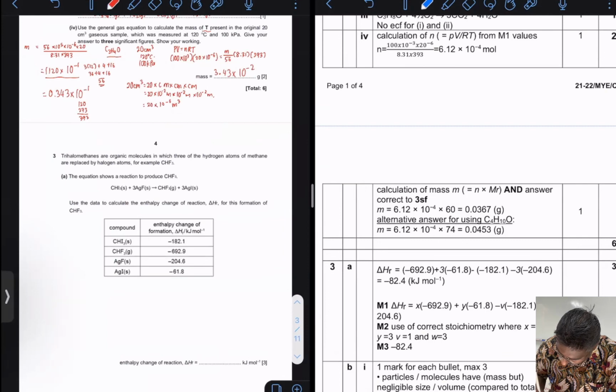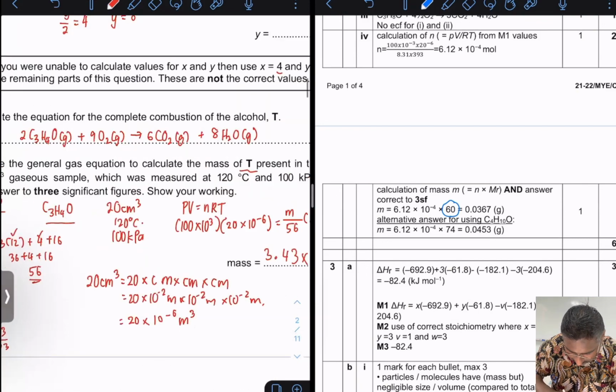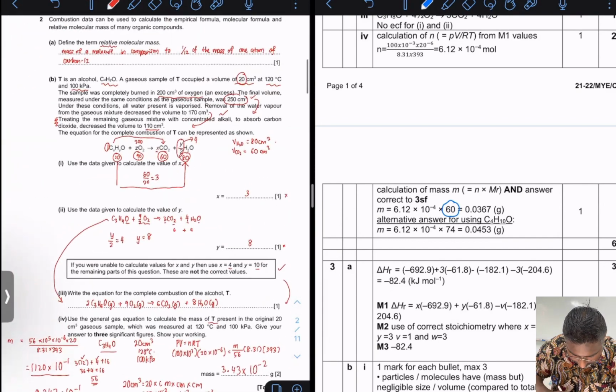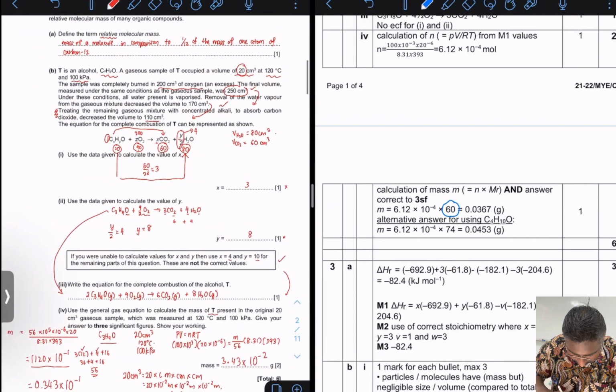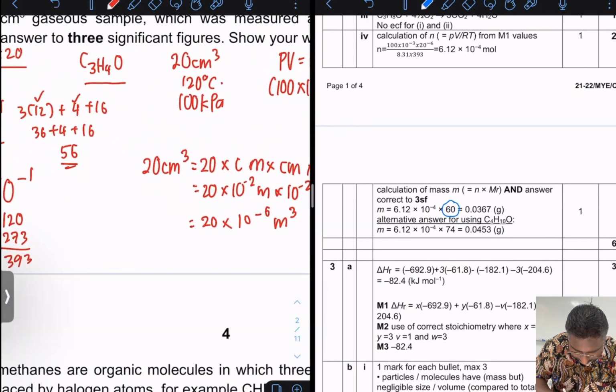Calculate and answer to this. 60. I got 56. Hold on. Just now did I make a mistake? This one 36 plus 4. Oxygen how many? Oxygen is 1. 36 plus 4 plus 16, so that's going to be 20. 56. I think the marking key is wrong.